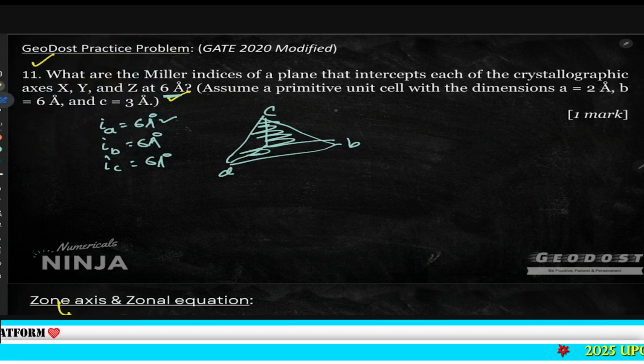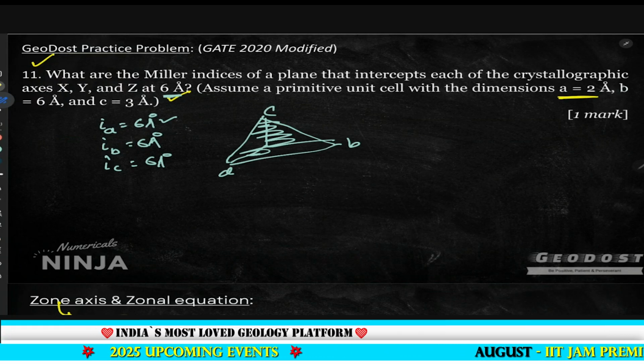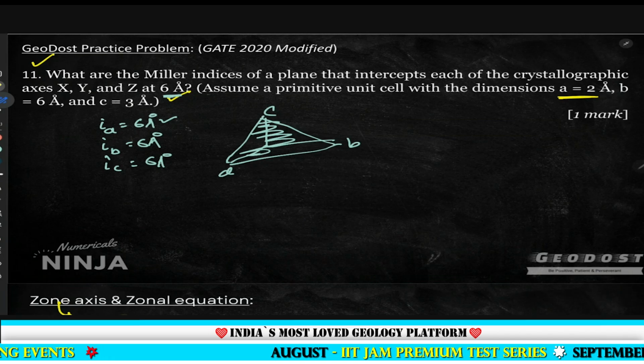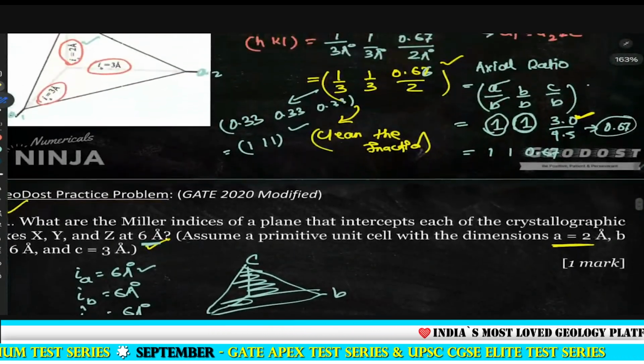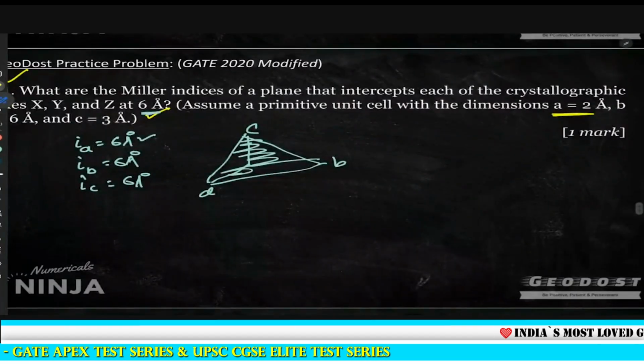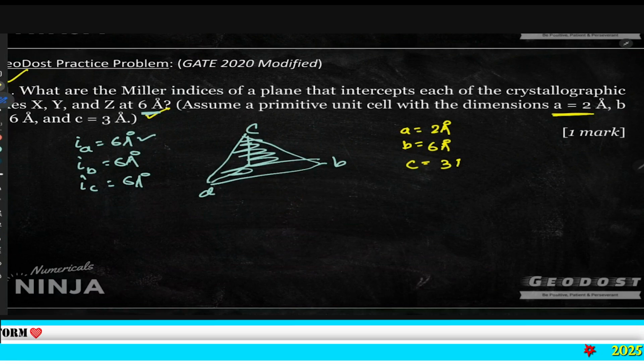And assume a primitive unit cell, meaning the unit cell dimensions are already given: along the a axis it is 2 angstrom, b axis it is 6 angstrom, c axis it is 3 angstrom. Okay, so what we basically do is first find the axial ratio. In this case a is given as 2 angstrom, b as 6 angstrom, c as 3 angstrom.